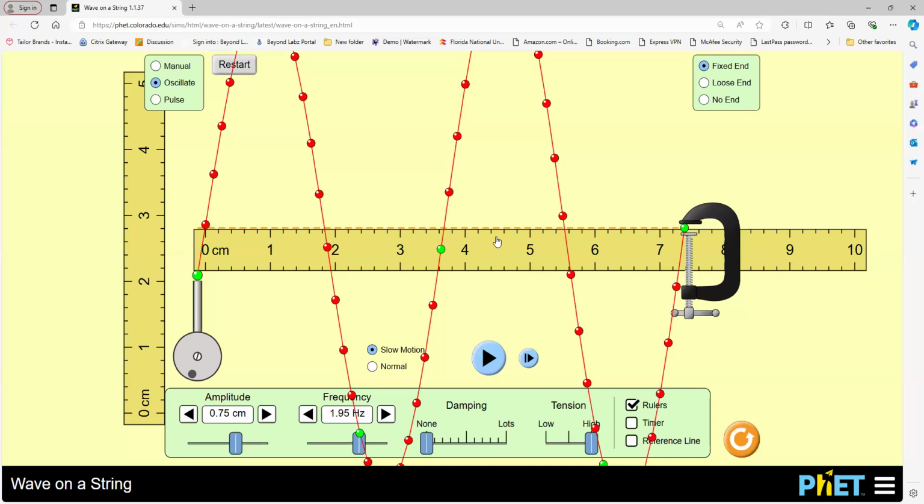And with the ruler, you can measure the wavelength. Remember that the wavelength is the distance between 2 consecutive maximums, 2 consecutive minimums, or 2 zeros that are in phase. For example, from this point to this point. You will never measure a wavelength from 2 consecutive zeros, because these points are not in phase. This one is going up. Here, the wave is going downwards.